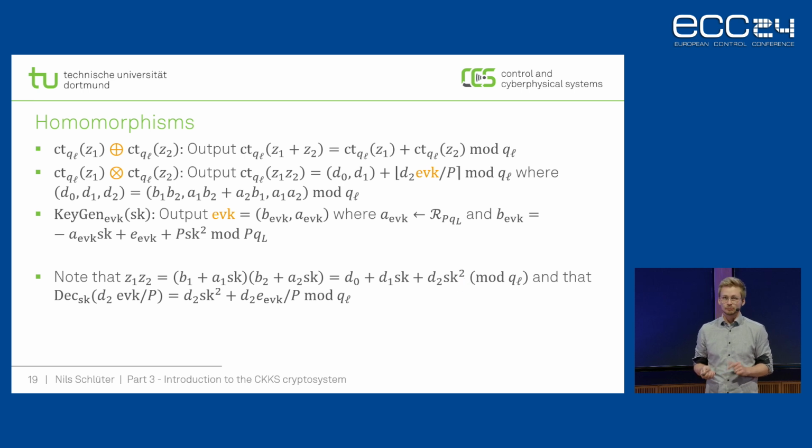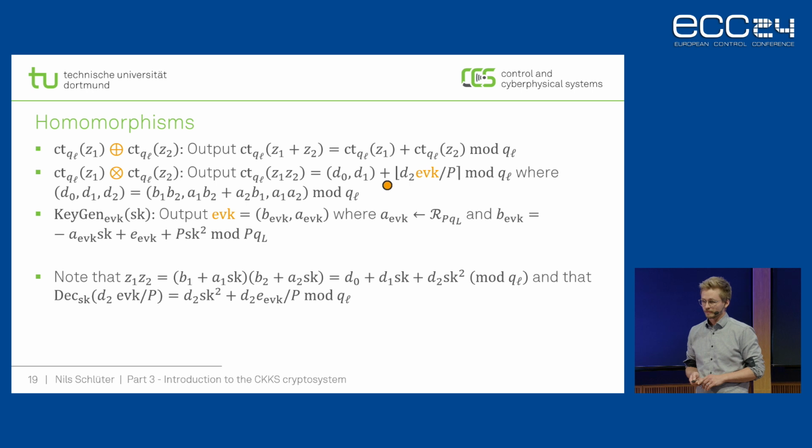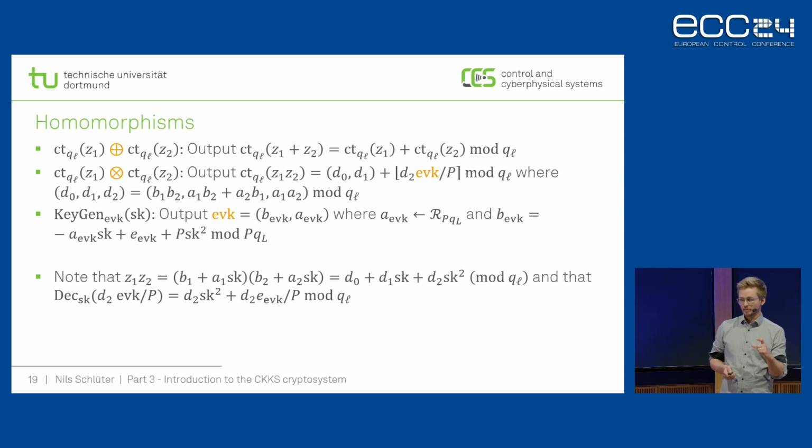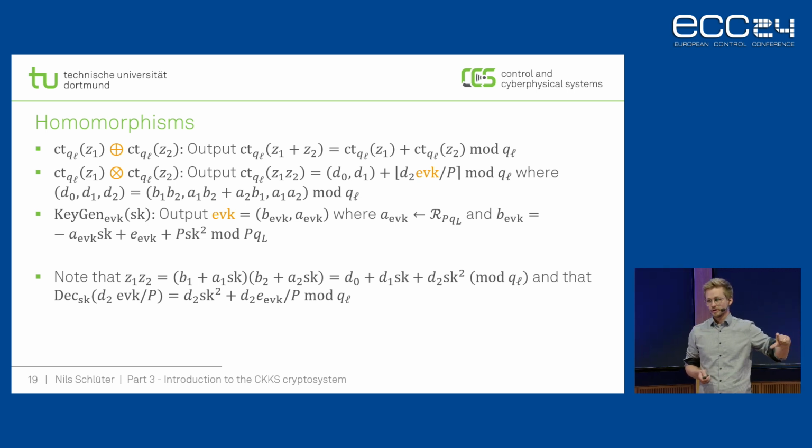And we do not want that in a squared fashion because if we keep on multiplying, the squared goes to the 4th power, to the 8th power, and so on. So this is really not maintainable if you have multiple multiplications. So this is where the second part of this multiplication routine comes into play. So this one here, if you decrypt it, decrypts to D2 times SK squared plus D2 times something extra, where P is a really big number that is constructed in the key generation phase such that this additional term is small.